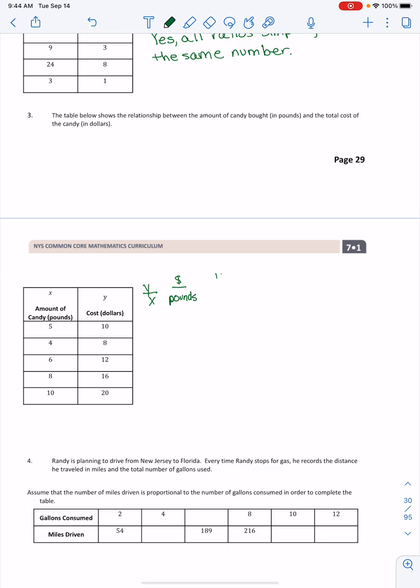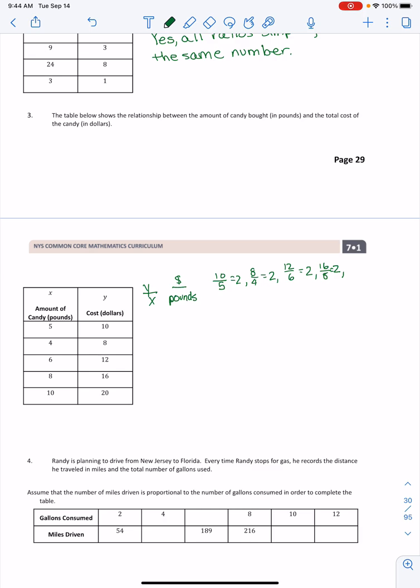So here we have 10 over 5, which is 2. We have 8 over 4, which is 2. We have 12 over 6, which is 2. We have 16 over 8, which is 2.